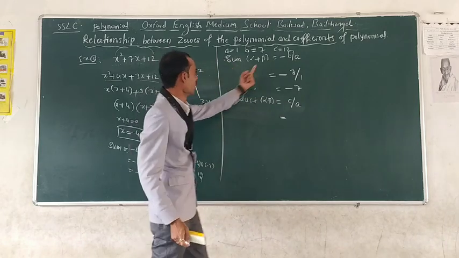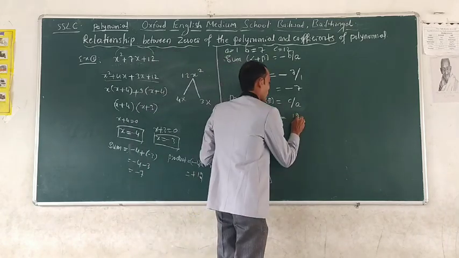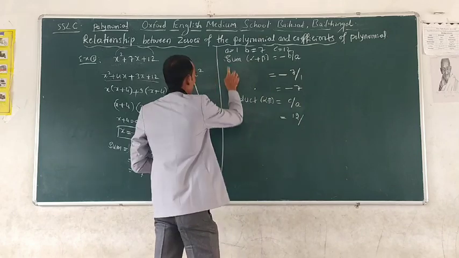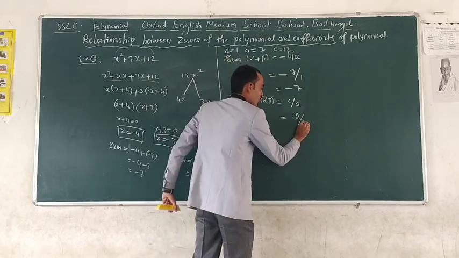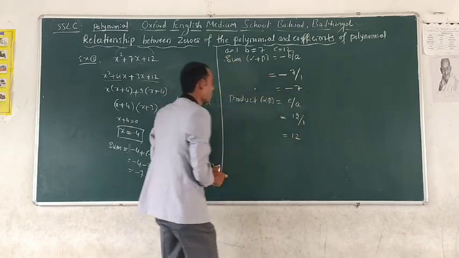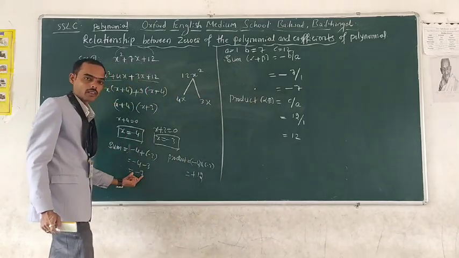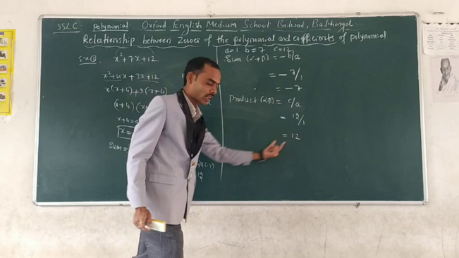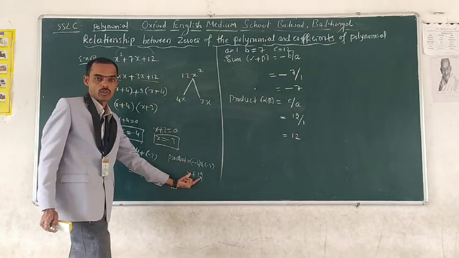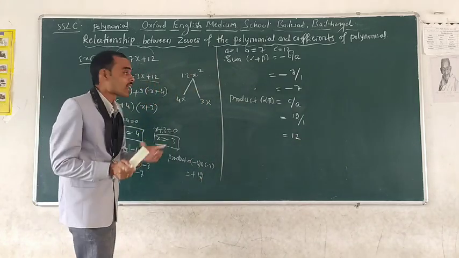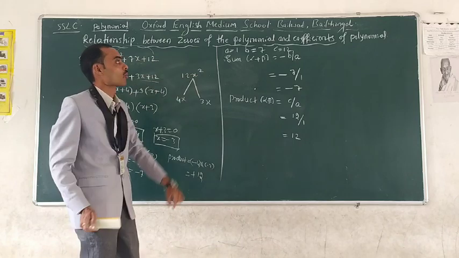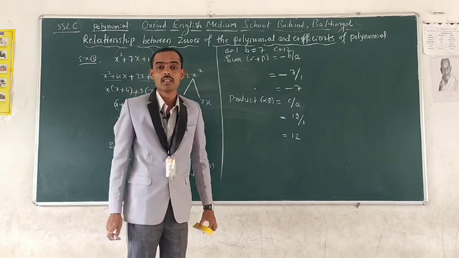The constant c is 12 divided by a, the coefficient of x square, which is 1. 12 divided by 1 is 12. Here the sum is minus 7, and the formula also gives minus 7. The product is 12, and here also plus 12. So this is the relationship between zeros of the polynomial and coefficients of the polynomial.